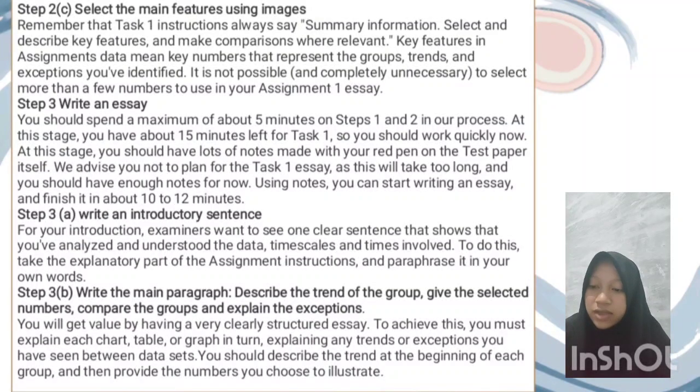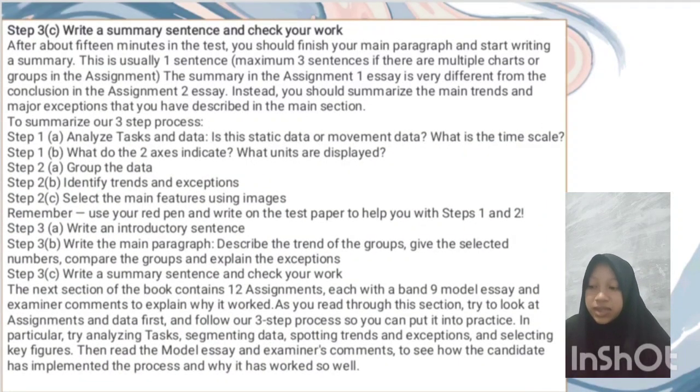To achieve this, you must explain each chart, table, or graph in turn, explaining a trend or exception you have seen between datasets. You should describe the trend of each group first and then provide the numbers you choose to illustrate.